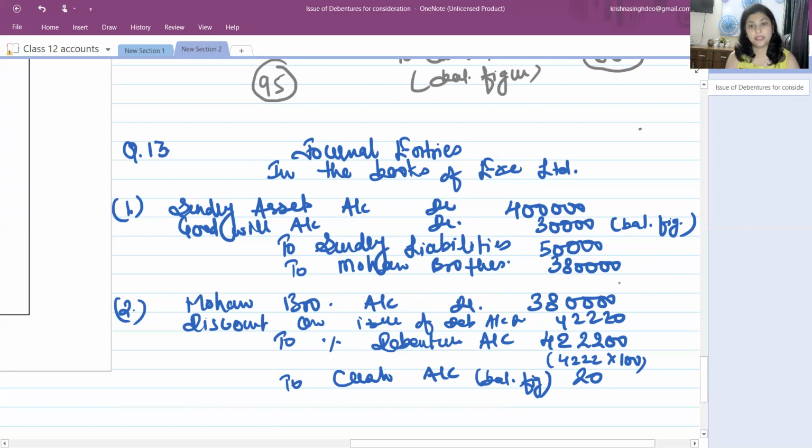That is why the remaining figure, which is just 20 rupees, will be given in cash to the vendor, Mohan Brothers. This is one important aspect regarding issue of debentures for consideration other than cash. Whenever a question like this comes, remember that debentures cannot be issued in fraction, and whatever balancing figure is left will be paid through cash. I hope this is clear.